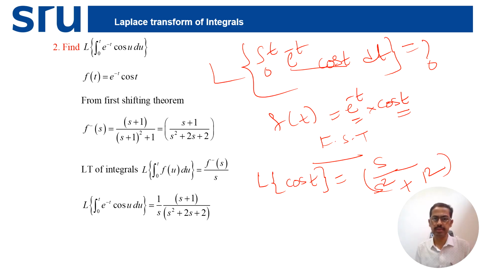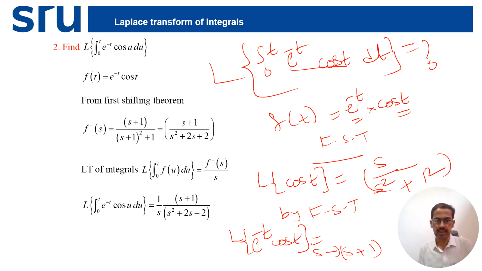Now by the first shifting theorem, the Laplace transform of e power minus t cos t is equal to, here in place of s, s is replaced by s plus 1. For e power minus at, s is replaced by s plus a. Here a is equal to 1, so s is replaced by s plus 1.